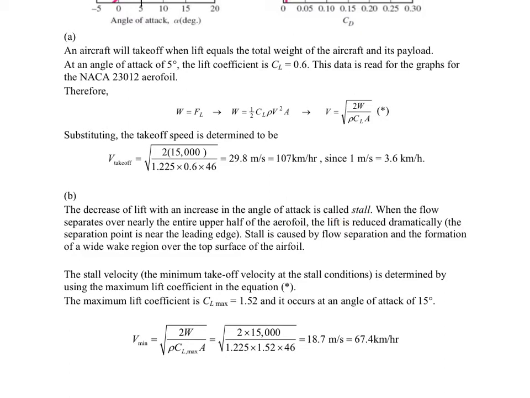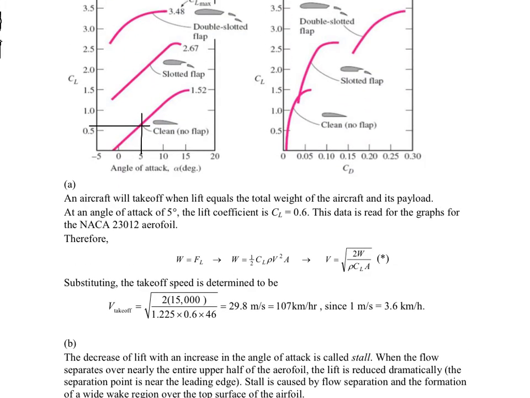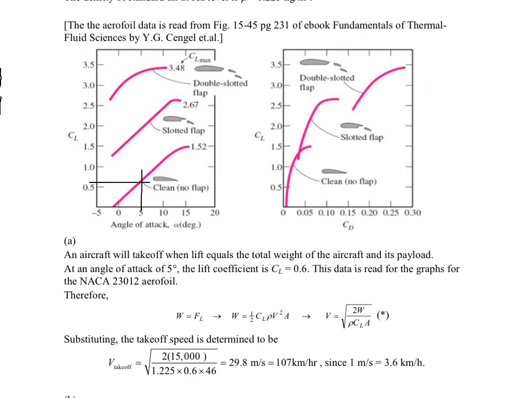As you can see from the graphs, and as we mentioned in the solution to the previous question regarding stall, you notice how critical the angle of attack is. At more than 15 degrees, you have a loss of lift.